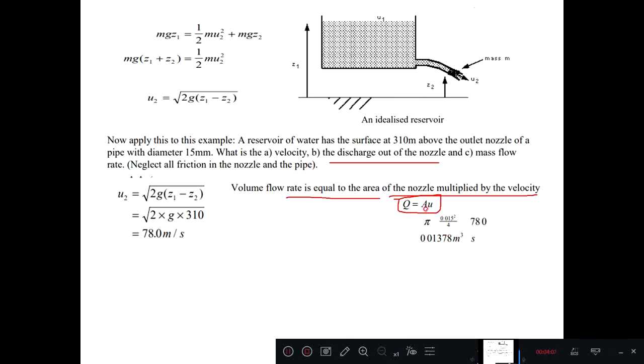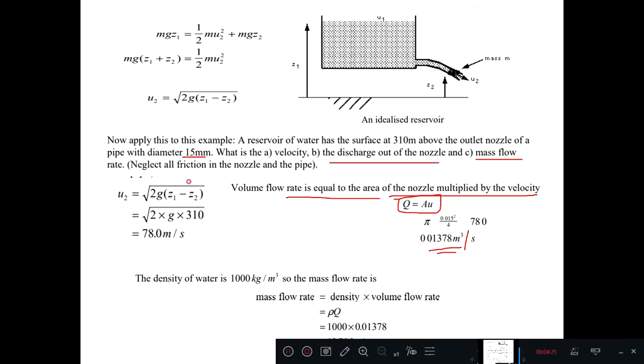The diameter of the pipe is given, so you can easily calculate the area, pi by 4 d square. Substitute here, you will get the discharge in meter cube per second.